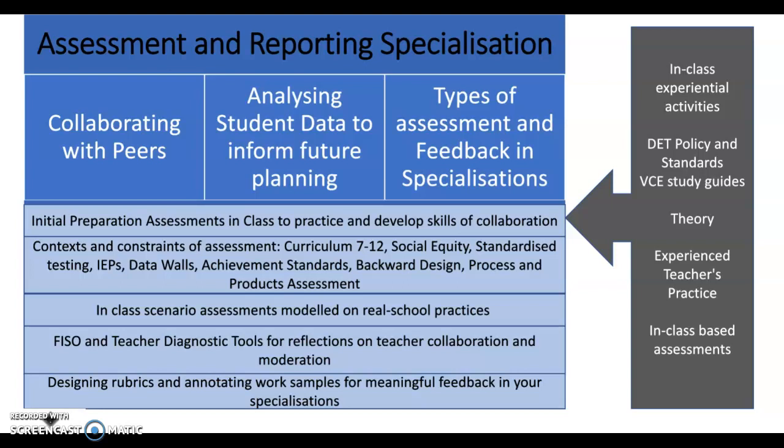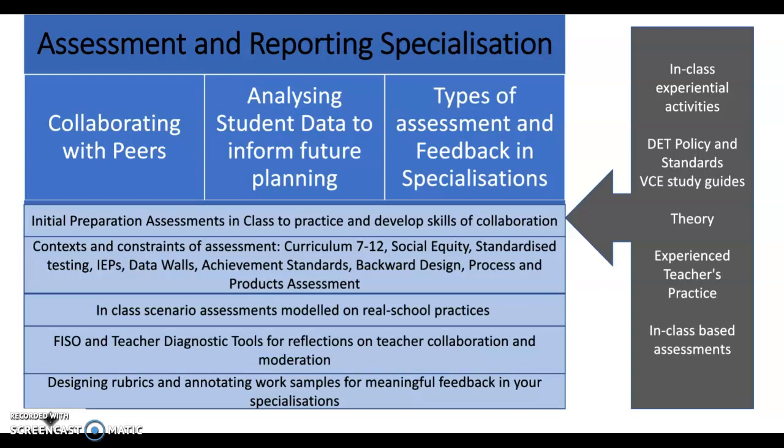Some of the focuses include intellectual standards used to assess thinking, achievement standards, policy documents in your specialisation, ILPs and IEPs, reporting feedback, and data. Critical and creative thinking capabilities are a focus in this unit as well.